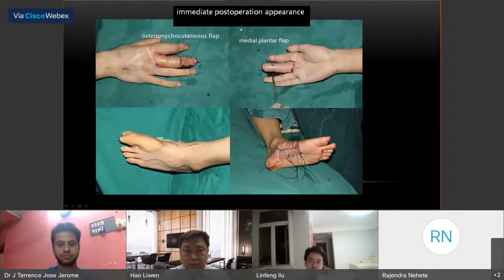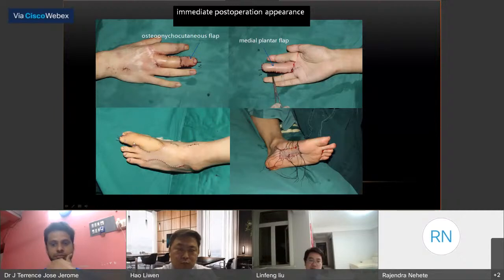This is the second toe flap, and this is the medial plantar flap. On the dorsal side, we use this flap to cover the second toe. The medial plantar area needs a skin graft.